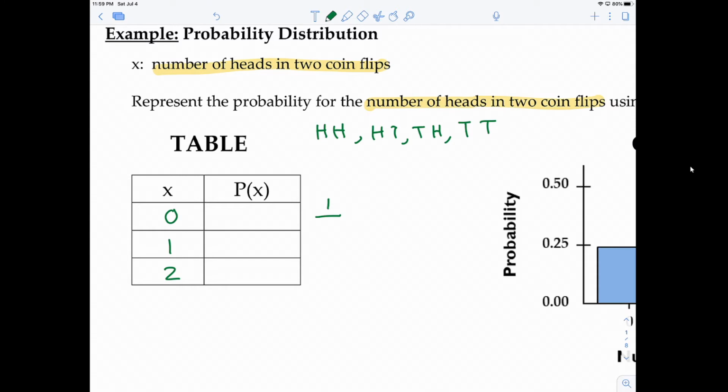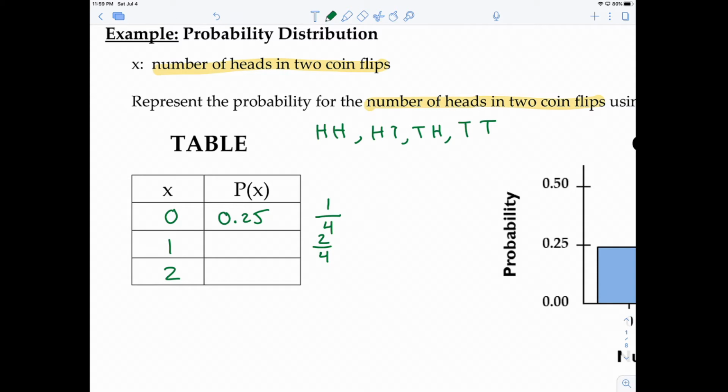There's one way we can get no heads, that's if we get two tails, over 4 possible outcomes, because there are 1, 2, 3, 4 possible outcomes. We can turn that into a decimal by dividing 1 divided by 4, which is equal to 0.25. Now, what's the probability of getting one head? How many different ways can we get one head? 2 different ways: if we get a head and then a tails, or a tails and then a heads. So that's 2 over 4.